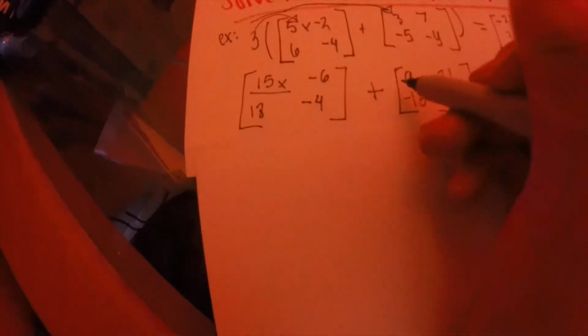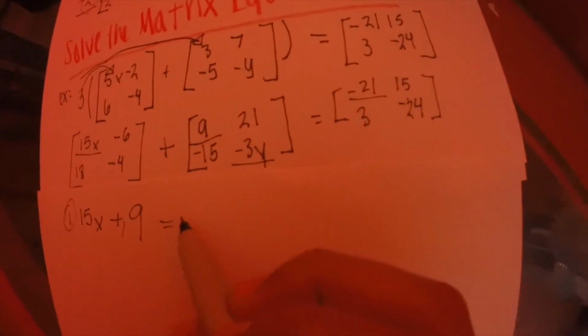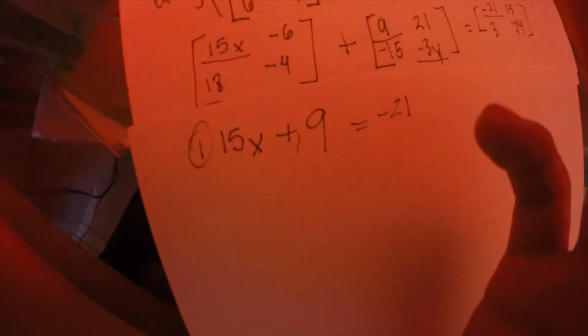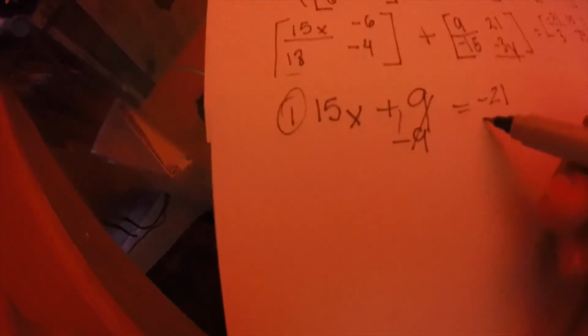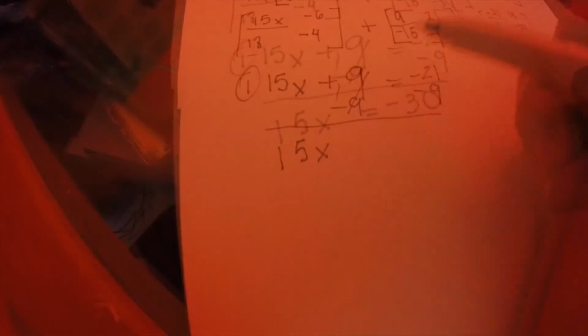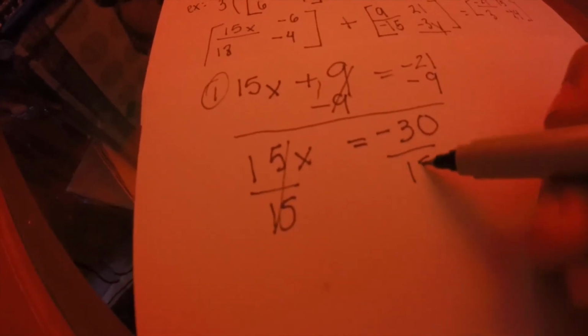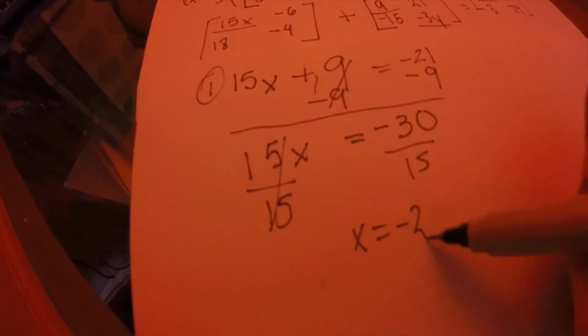We can set up two equations, which are taking the 15x plus 9 should equal negative 21. And that is just for the x. 15x minus 9, equal 15x equals negative 30 divided by 15. X equals negative 2.